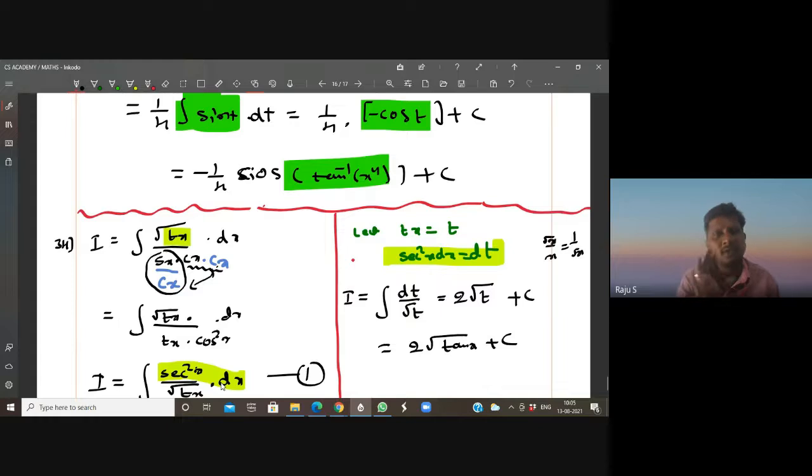Both cases will give the same answer. So I'm taking tan x as t, differentiating on both sides with respect to x. Secant square x dx is equal to dt. So the numerator becomes directly dt, and the denominator is root t. Since we know the formula that the integral of 1 by square root of x dx is 2 root x plus c, with the help of this formula, I have written 2 root t plus c. At last, I replace the t value. Clear, students? Okay.